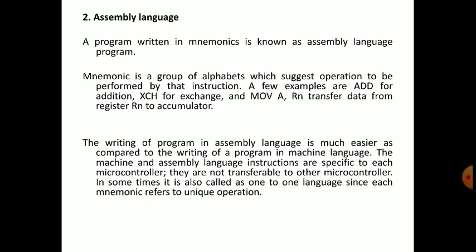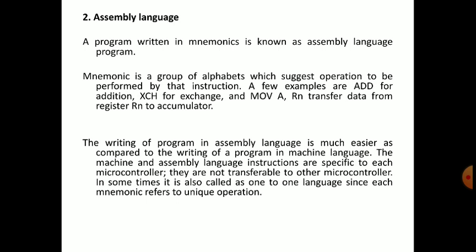A few examples are ADD for addition, XCH for exchange, and MOV A, Rn for transferring data from register Rn to the accumulator. Observe the mnemonics: we know ADD is for addition, but we write only ADD.